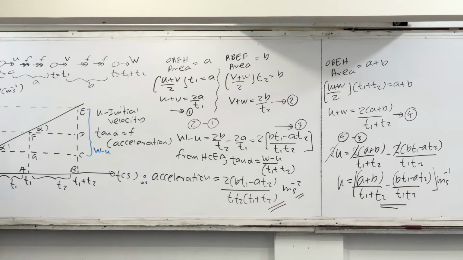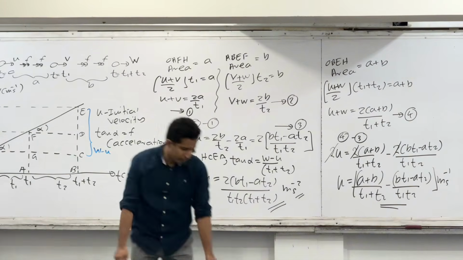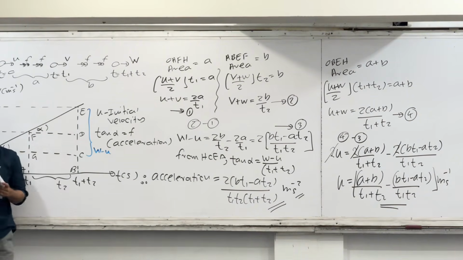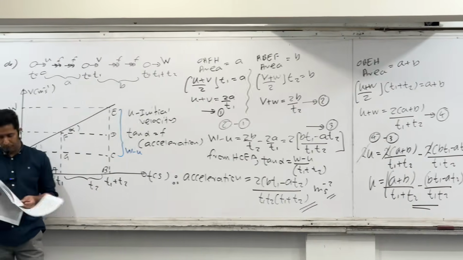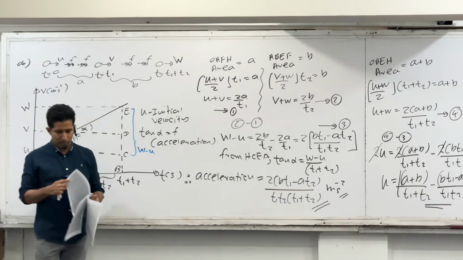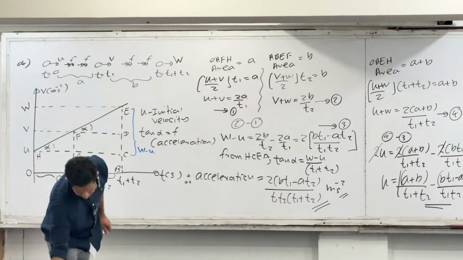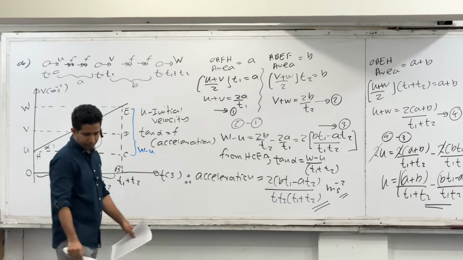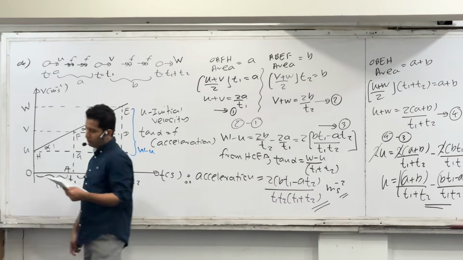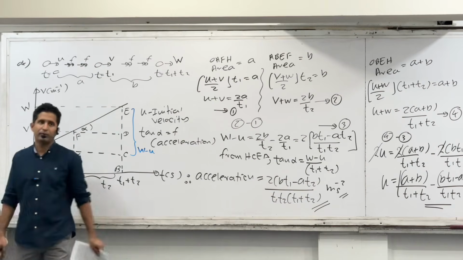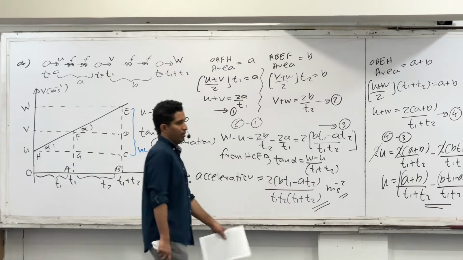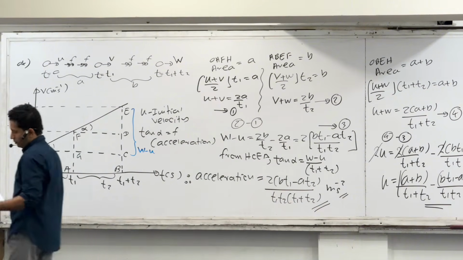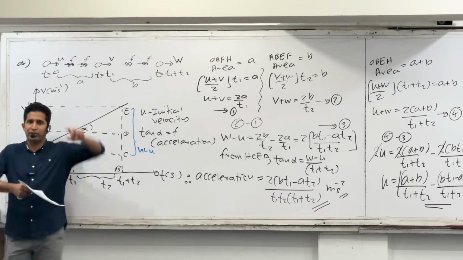Done, right? Okay, question 5. A particle moves on a straight line with constant acceleration.